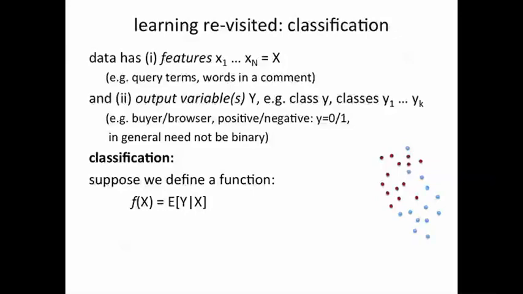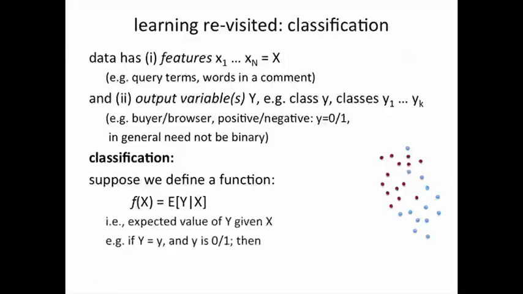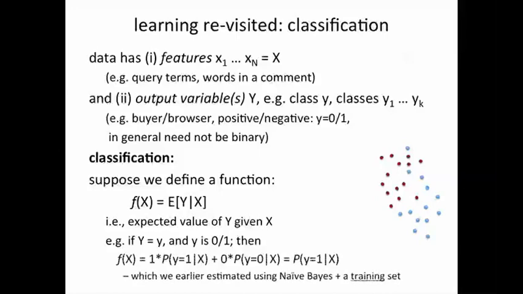So what we're trying to do is figure out what is the expected value of y. Is it a 0 or a 1? Is it closer to 0 or closer to 1 given a particular combination x? Well, clearly y is 0 or 1, so the expected value is 1 times the probability of y equal to 1 given x plus 0 times the probability that y equal to 0 given x.